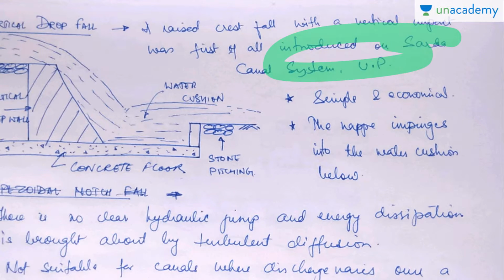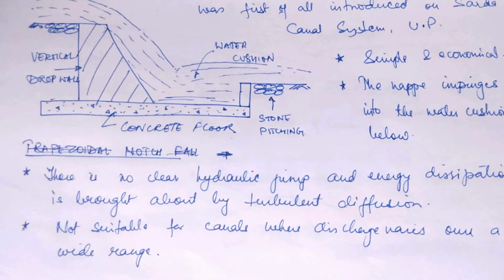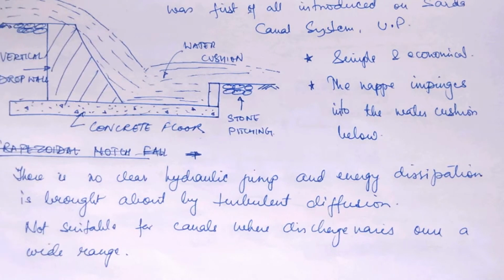This fall is simple and economical, and here the nappe impinges in the water cushion below, and there is no clear hydraulic jump that is formed here, and energy dissipation is brought about simply by turbulent diffusion. Though it is a good one, it is not suitable for discharges which vary over a wide range.